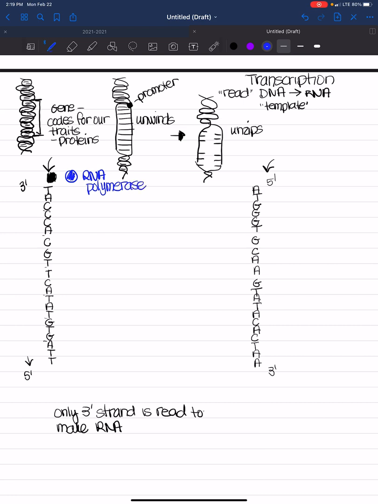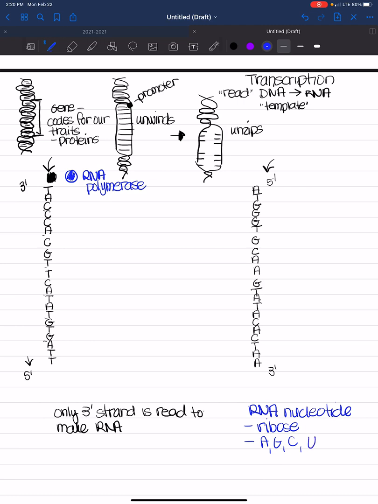And RNA polymerase is going to bring RNA nucleotides. And if you remember, they are going to be different than DNA nucleotides. RNA has ribose instead of deoxyribose, and it has the nucleotides adenine, guanine, cytosine, not thymine.